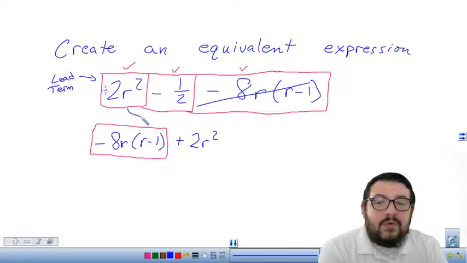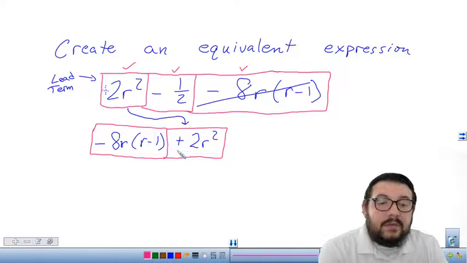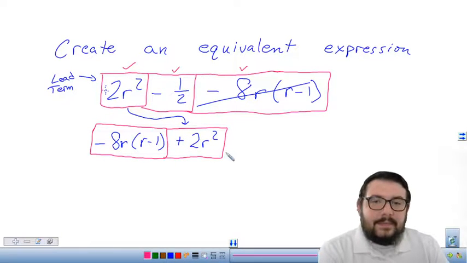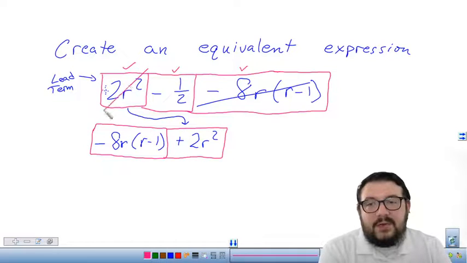So when it moves away from being the lead term and became the second term, guess what? The implied plus sign became visible. Another word for visible is explicit. So this plus sign went from being implied to being explicit. Okay. So now this term has moved.